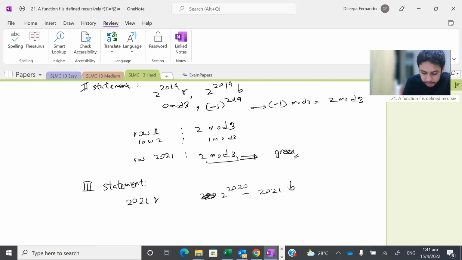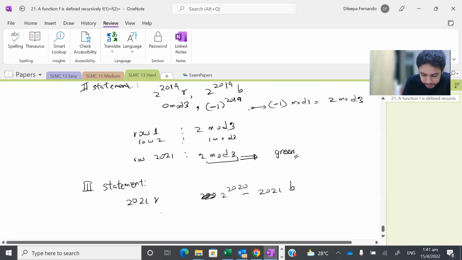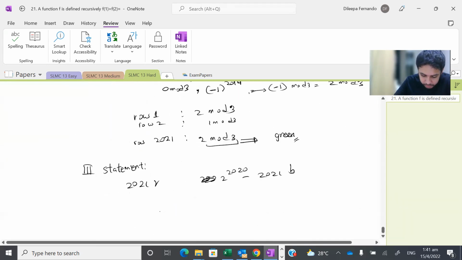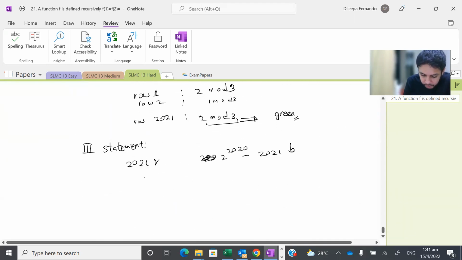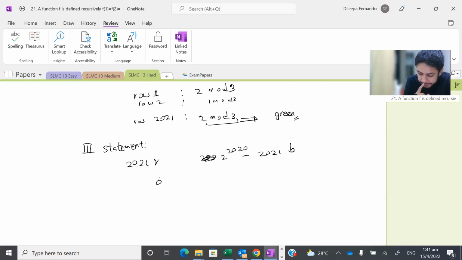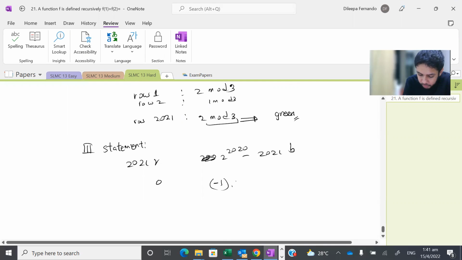So red is 0 mod 3. So 2021 red means 0 mod 3, 0. And 2 to the power 2020 is minus 1 into 2 to the power 2019 into 2 minus 2021 into 1.